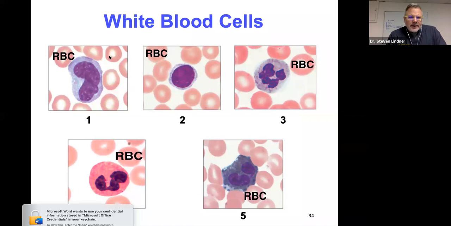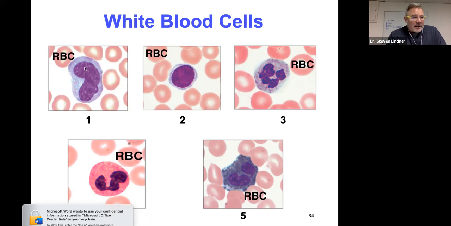Let's take a look here. These are all red blood cells. Look at number 1 and look at number 2. Let's see if we can identify these. If we look at 3, 4, and 5, I'll tell you that 3, 4, and 5 are granular cells. So that means one is a basophil, the other is an eosinophil, and the other is a neutrophil. 1 and 2 are agranular. So one's got to be a lymphocyte, one's got to be a monocyte. Remember, the lymphocyte has a nucleus that's almost as large as the cell.